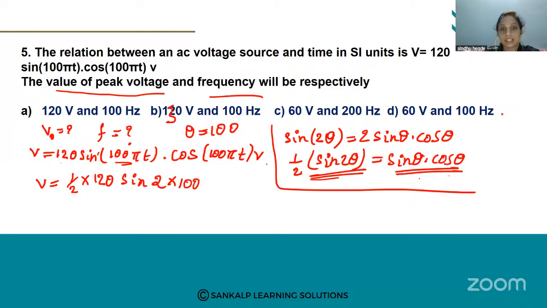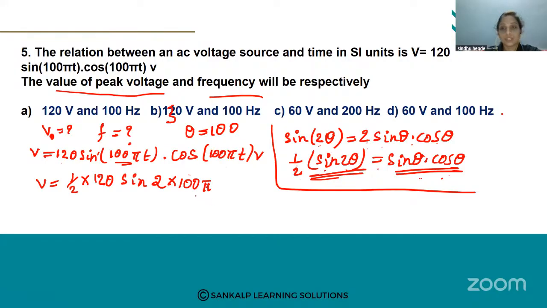With the use of this, what have we done? We compared with a formula. We know that sin 2θ is equal to 2 sin θ cos θ. Again, we can write half of sin 2θ is equal to sin θ cos θ. Comparing these terms, sin θ cos θ with this question, the terms look the same.